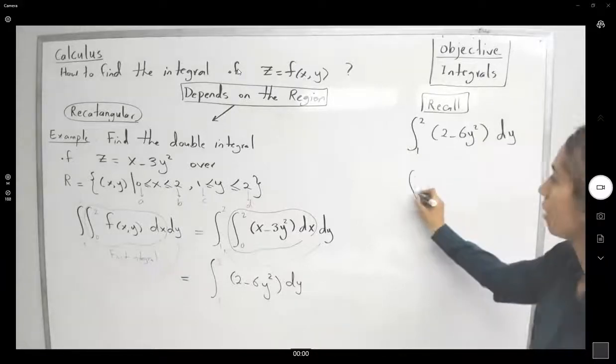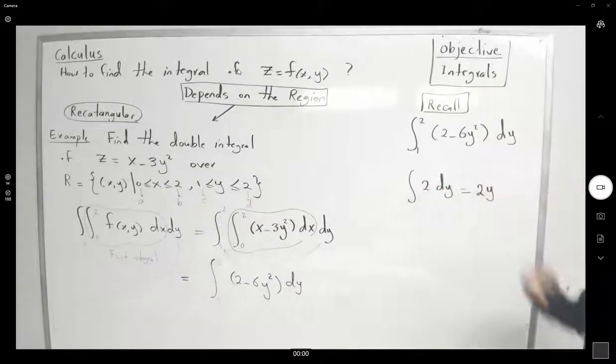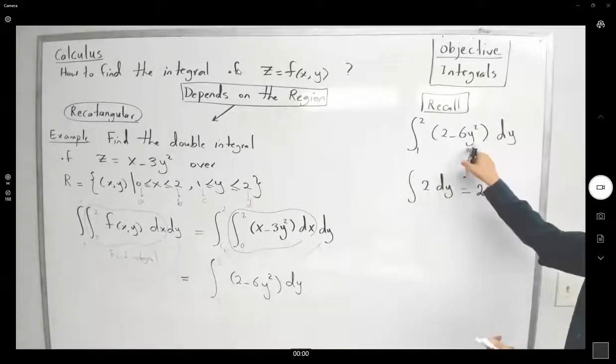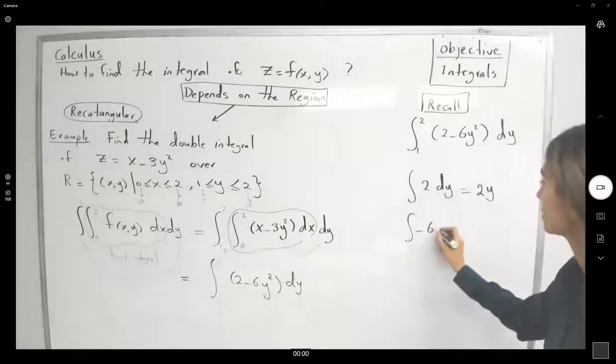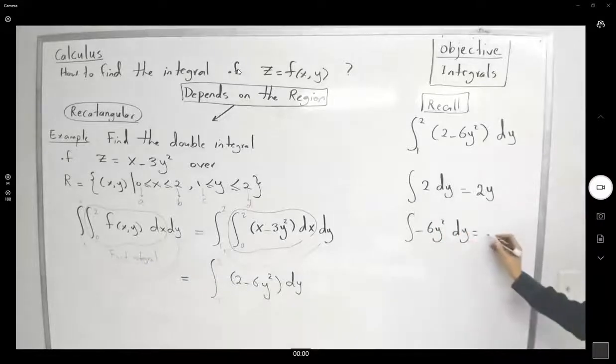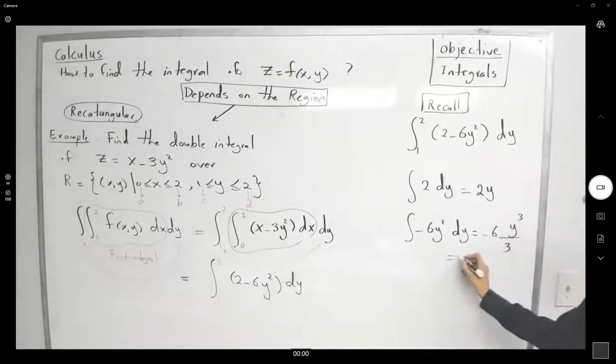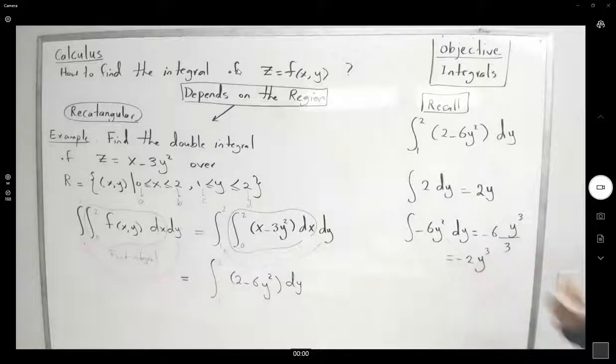The integral of a constant 2 dy is 2y. The integral of negative 6y squared dy, you copy down your negative 6, y to the third divided by 3, which is negative 2y to the third.